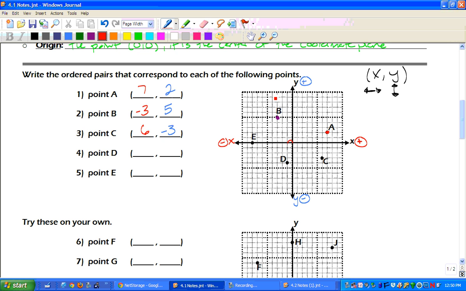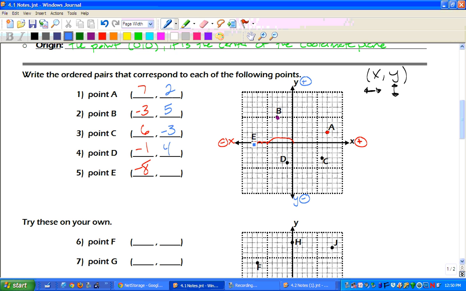All right, point D. We're going 1 to the left, and then how many down? 1, 2, 3, 4. And then finally, point E, we are going 5, 6, 7, 8, and that's to the left.